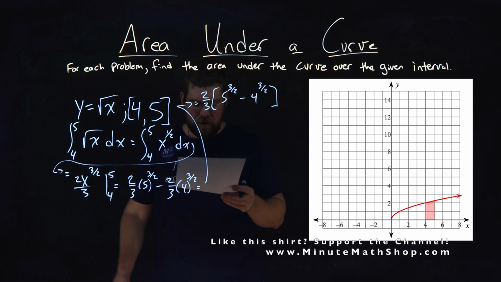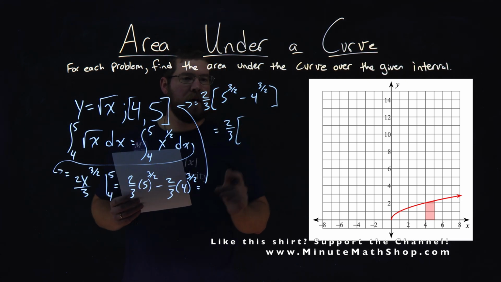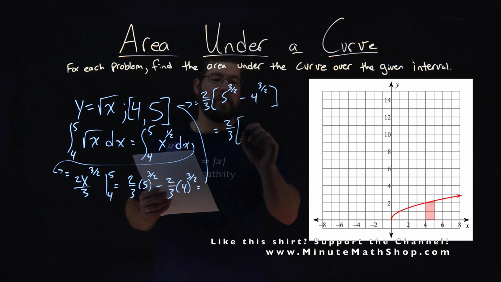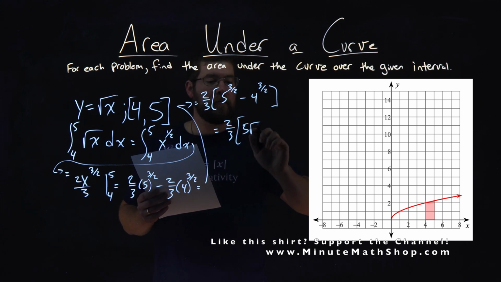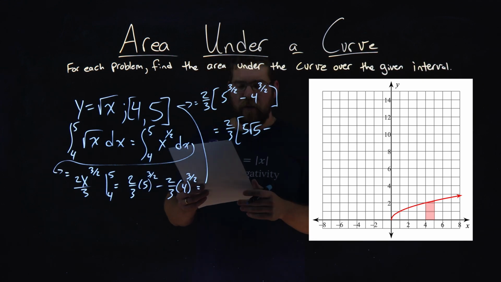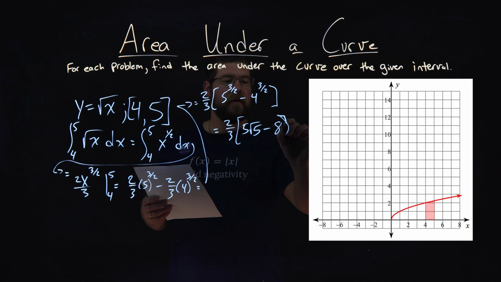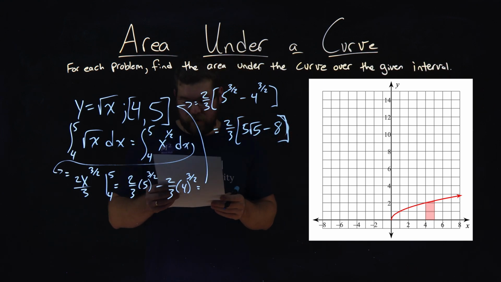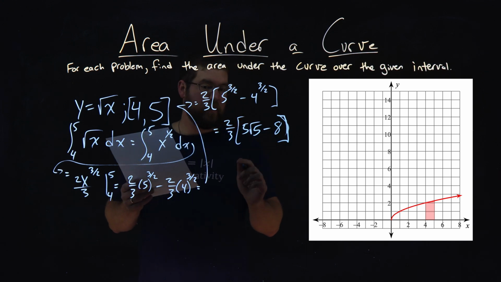Well, from there, we simplify this, keeping the 2/3 on the outside. 5 to the 3/2 power comes out to be 5 square root of 5, if I can write a 5 inside of a square root. And then 4 to the 3/2 power is just an 8. Gotta have a bracket here if I have a bracket in the front. Then from there we can combine this to be one pretty big fraction.